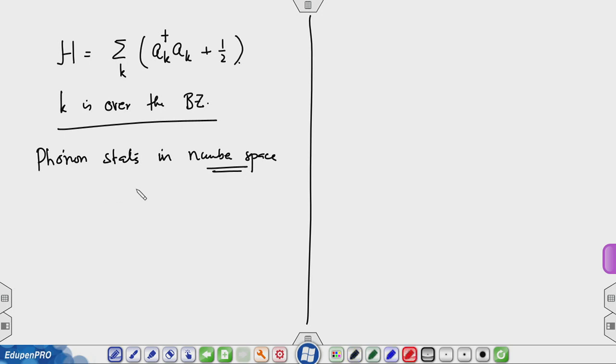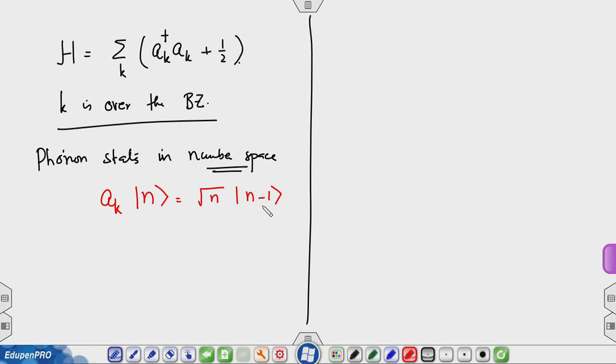So, I can define a vector n, just like we do in harmonic oscillator, on which if a_k acts, this gives you square root of n times the state n minus 1.